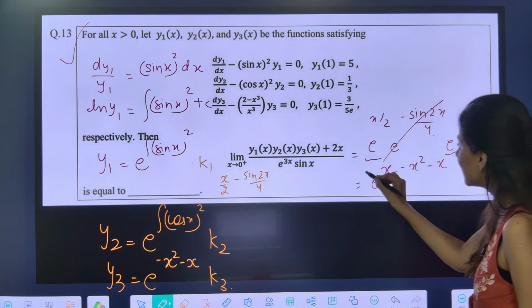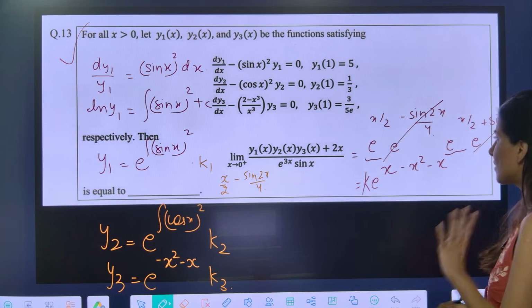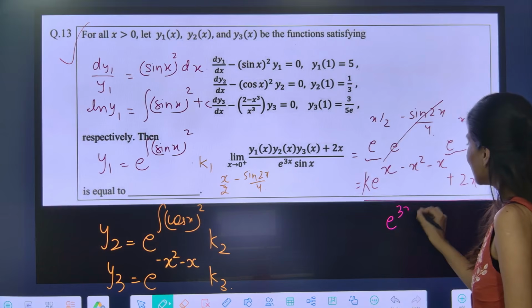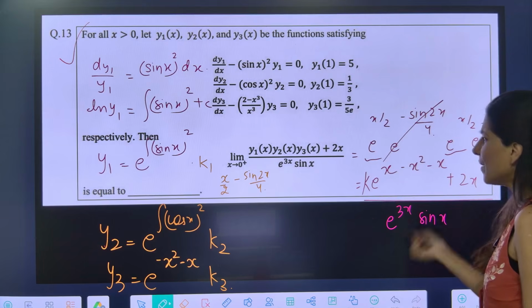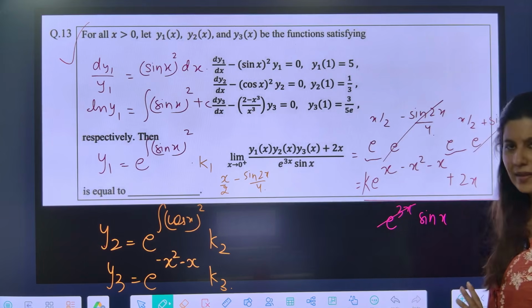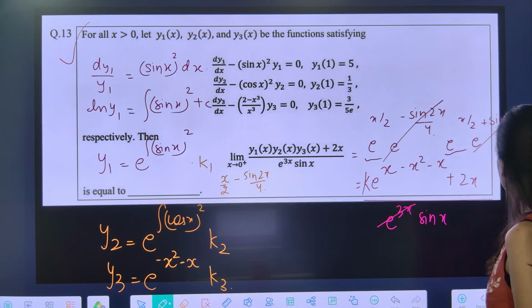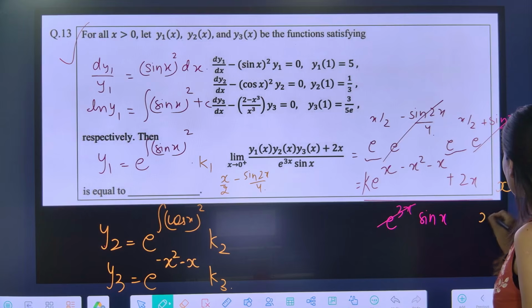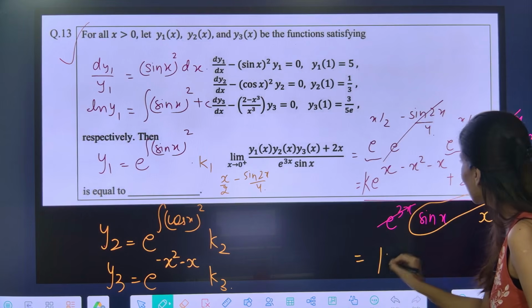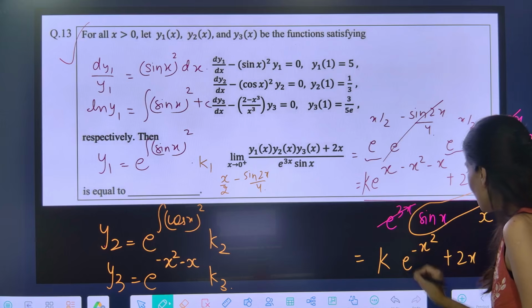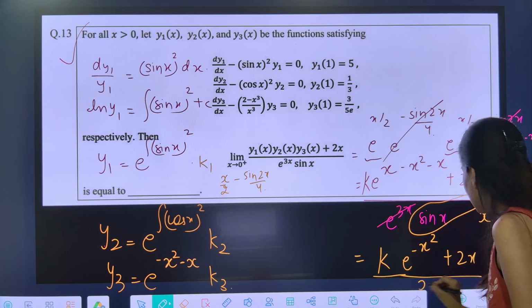y3. Constants k1, k2, k3, let us replace by k plus 2x upon e power 3x sin x. E power 3x, the moment you put 0, it will become 1. Sin x, okay, to understand sin x, you have to multiply x and x. So this is also 1. Now there is 1x over here. So k e power minus x square plus 2x upon x is there.